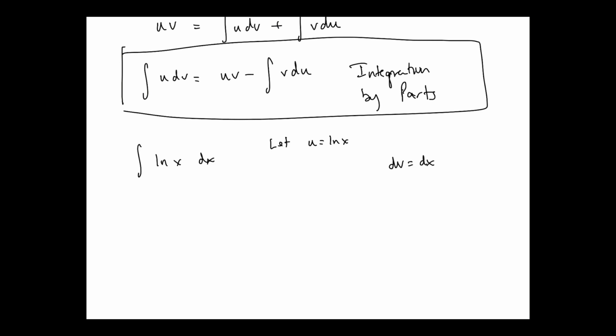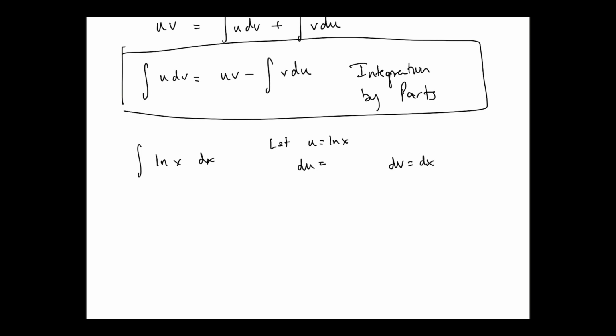Okay, and I like to write things in sort of a grid, and I'm about to fill in two more things. This is just the way I like to notate it. So great. If u is natural log of x, what's du? 1 over x.